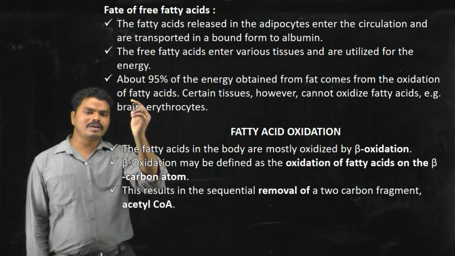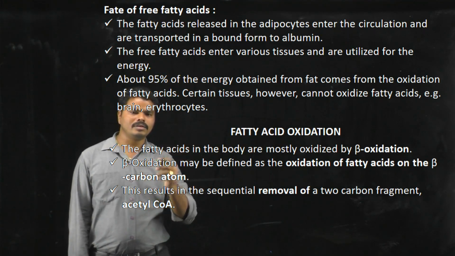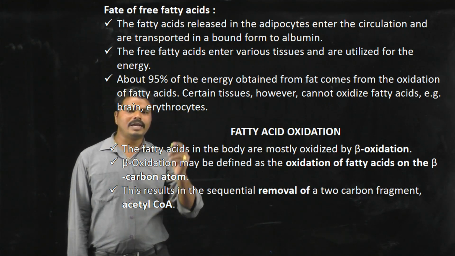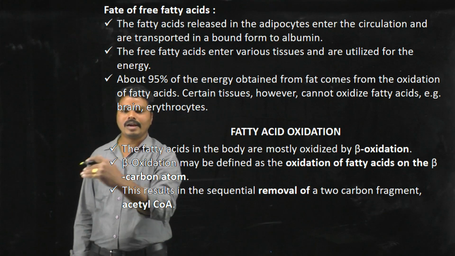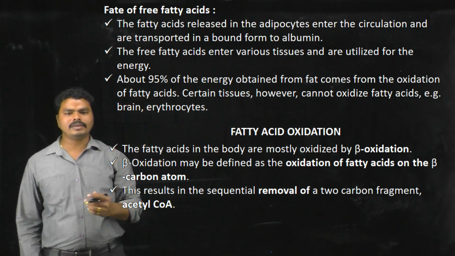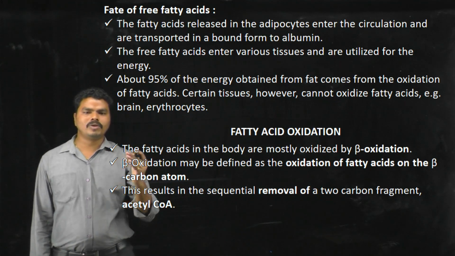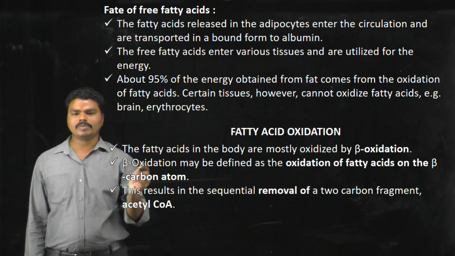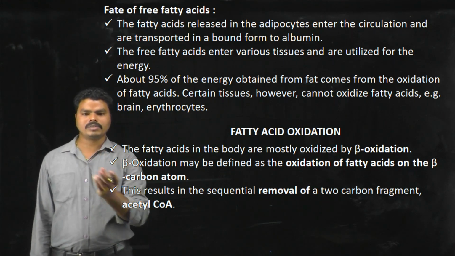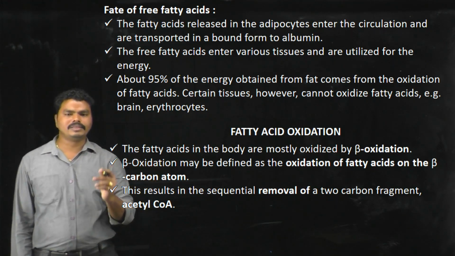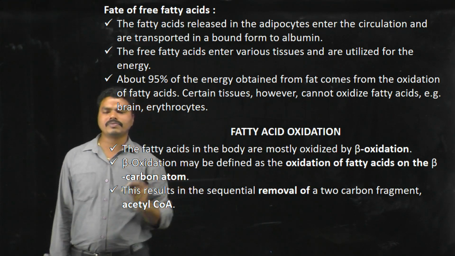After being released from the adipocytes, they enter the blood circulation, and they are transported bound to albumin. Albumin is a protein, and they are bound to it for transport. These free fatty acids enter various tissues and are utilized for energy.